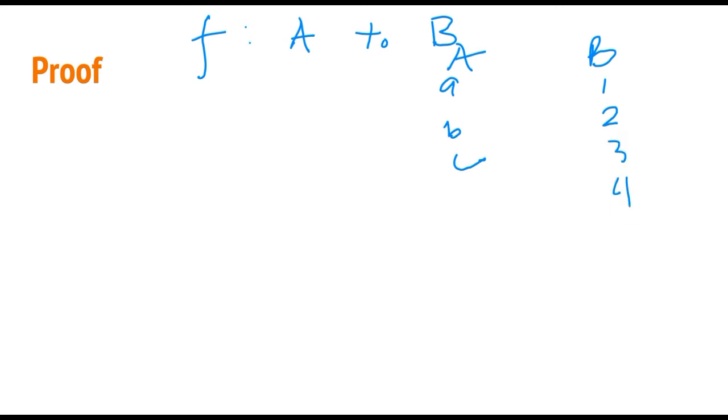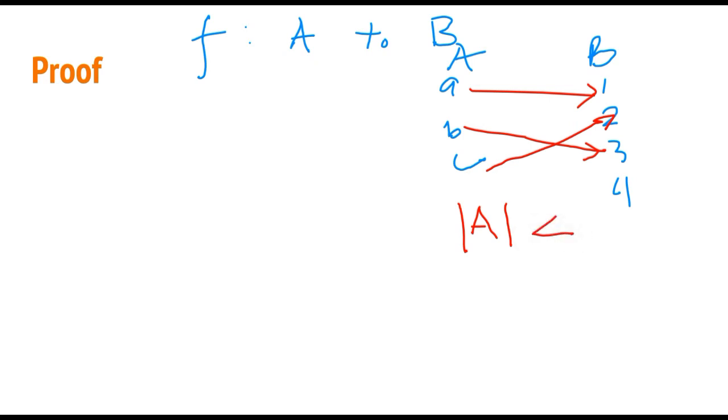For us to have one-to-one mappings, as you can maybe visualize, the cardinality of set A should be less than or equal to that of B.